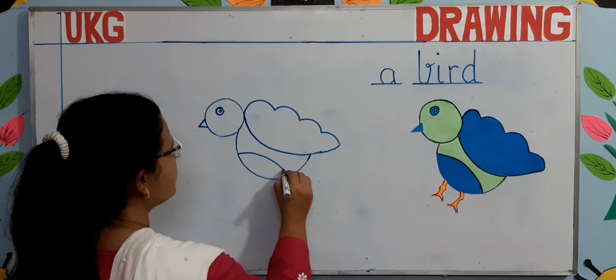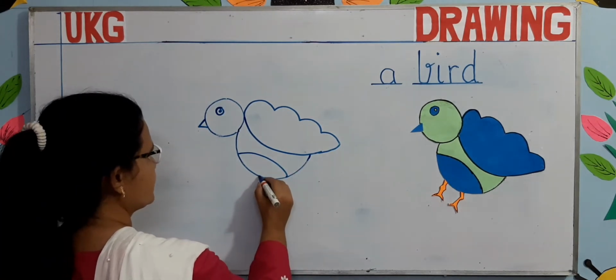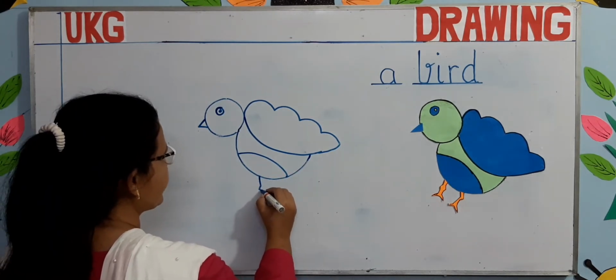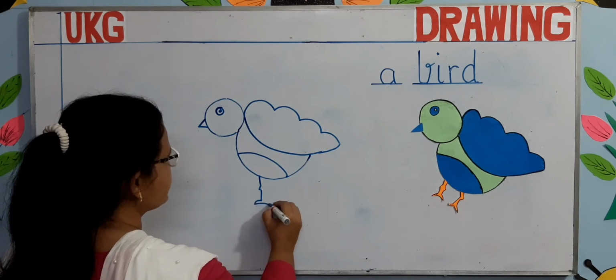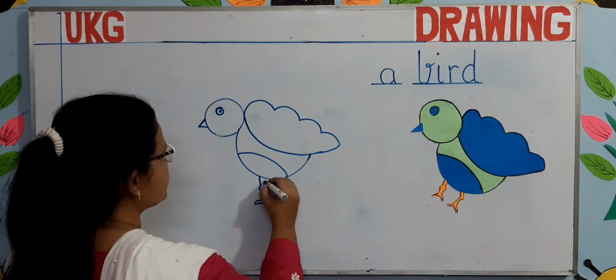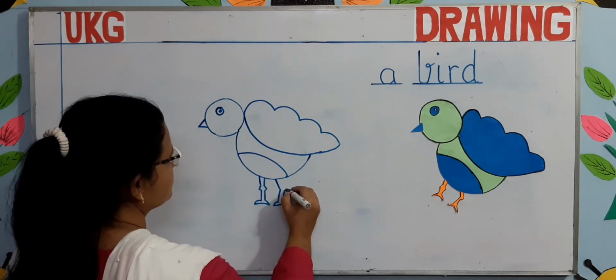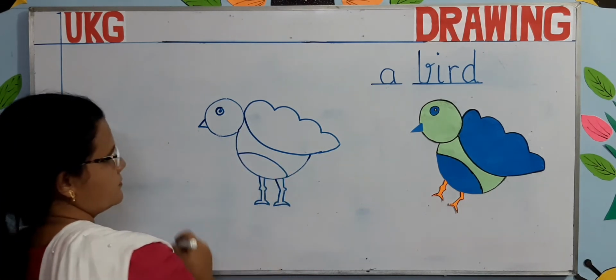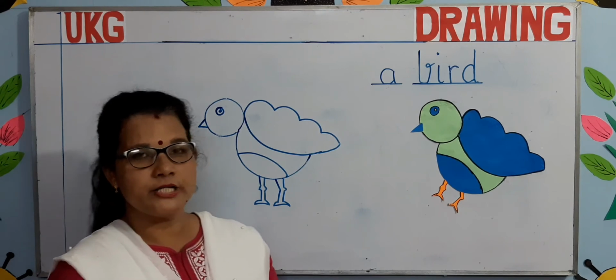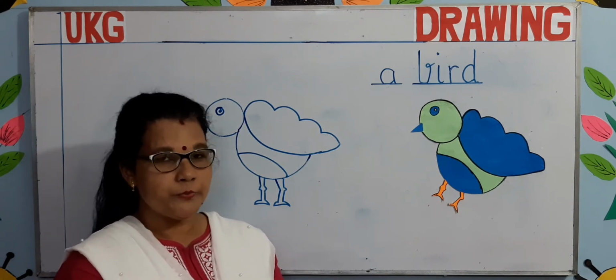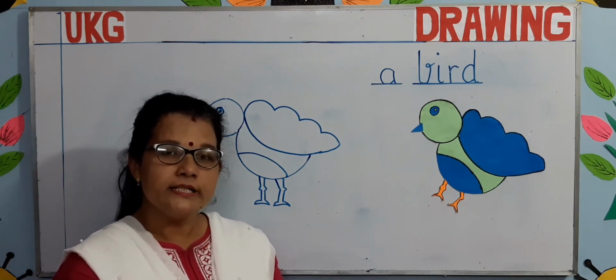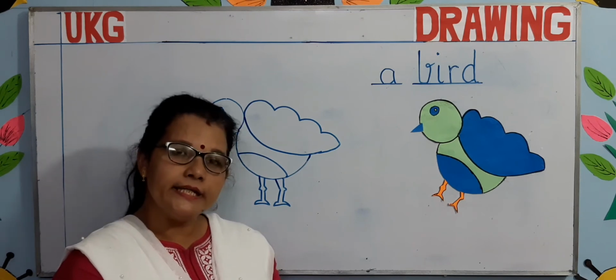Another curved line in its stomach. Now I am drawing its legs. It has 2 legs. See, this bird is ready to fly. You need to practice drawing this bird. You can color it any color you wish.